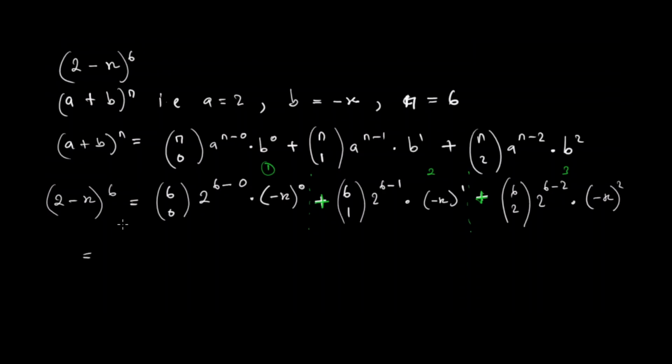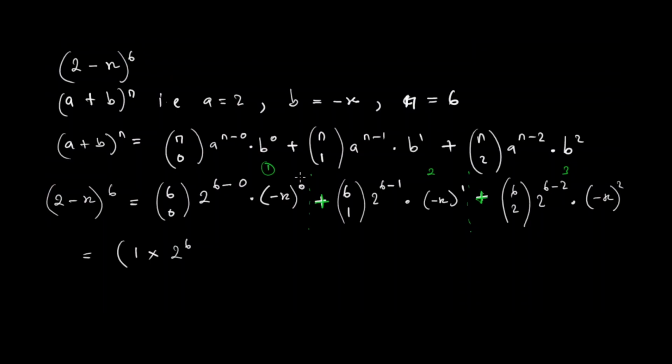We go to our calculator, and on the calculator we want to know what 6 choose 0 is. We punch it in the calculator and see that it is 1, so it's 1 times 2 to the power 6, then minus x to the 0, which is any number raised to the power 0, that is 1.